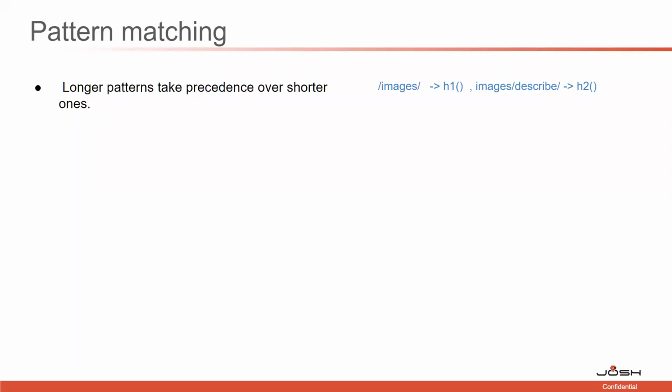Let's say we have registered a pattern images slash to a handler h1, and another pattern images slash describe to another handler h2. Now if I call slash images slash describe slash test, the precedence will go to h2 because longer patterns take precedence over shorter ones.